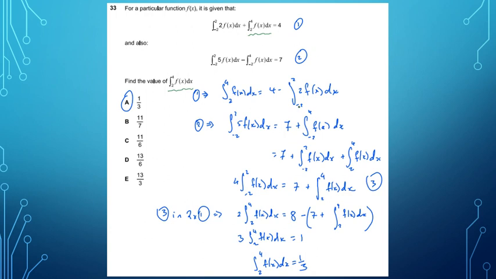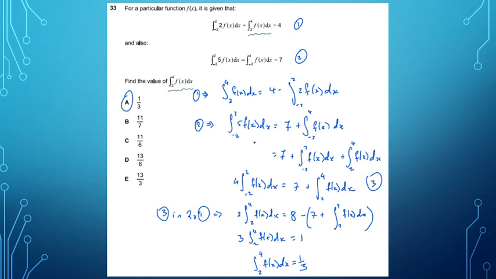So equation number 1, we can rearrange that just to get the thing that we want as the subject. And equation number 2, we're just going to rearrange that to get the integral from minus 2 to plus 2 working for us, because that's on the right hand side in this changed equation 1.